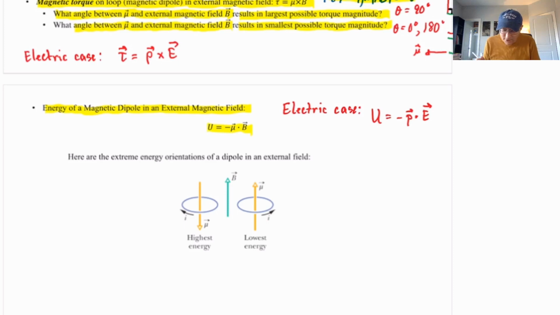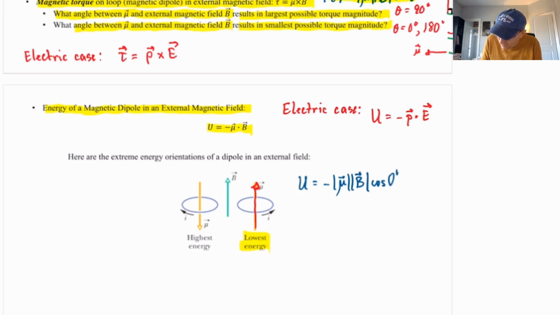And these pictures down here show the extreme energy orientations of a dipole in an external field. Here on the right is the lowest energy. The dipole with its current loop has its magnetic moment, mu arrow, in the same direction as B. Then the formula for U would be negative magnitude mu, magnitude B. Now that's a dot there, so it would be cosine of the angle between mu and B, which is 0.